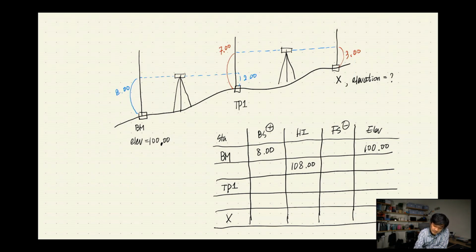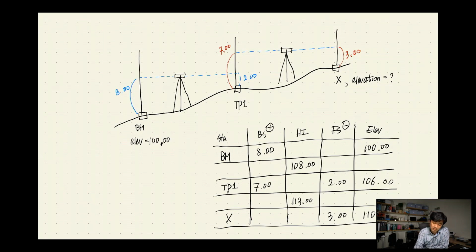And we have a foresight of 2.00, which will make the elevation of turning point 1 be 106.00. The backsight to turning point 1 from the next setup is 7.00, which will make the height of instrument for the second setup 113.00, and the foresight to station X is 3.00, which will make it 110.00.